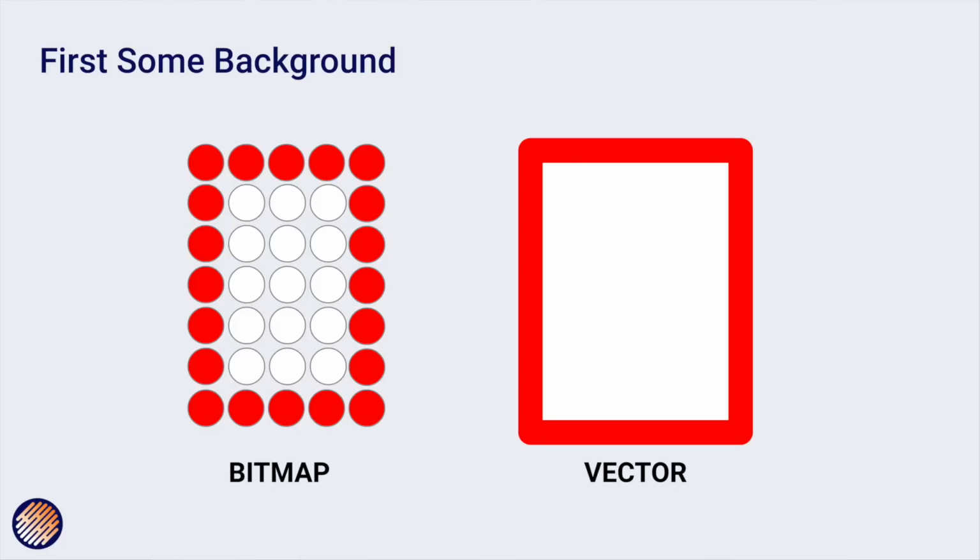Those are called bitmaps. On the right-hand side, you'll see something that's a vector. In a vector, you're representing a drawing of some type with shapes, squares, circles, lines, points, which are in essence dots, but points, text. And these vector formats are very precise and tend to be smaller than bitmap formats.